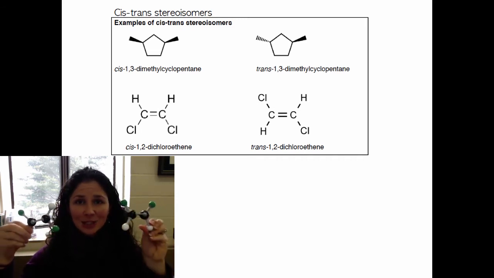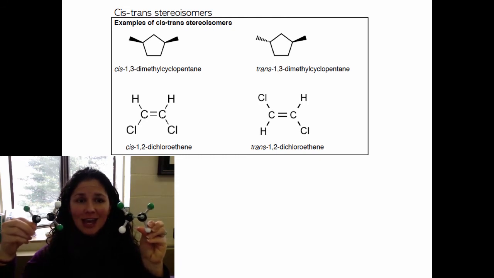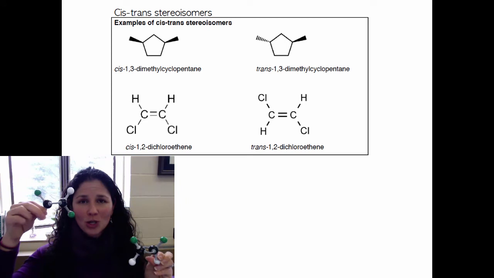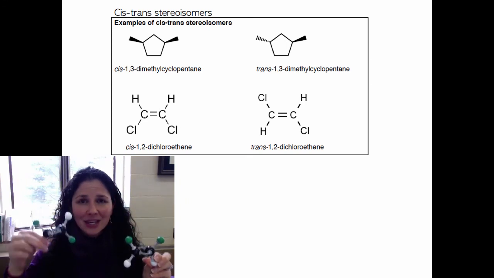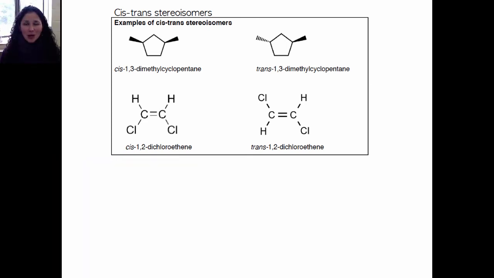That makes these things 2 different molecules known as cis-trans isomers. This one is cis 1,2-dichloroethene, and this one is trans 1,2-dichloroethene. Rings and double bonds that have at least 2 different substituents can be cis or trans.